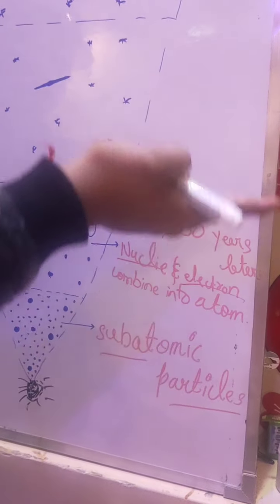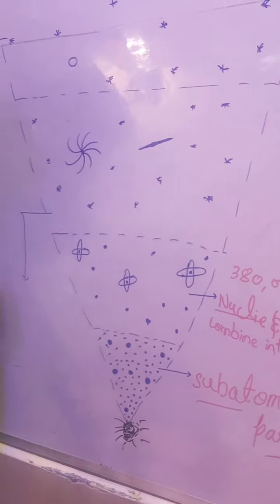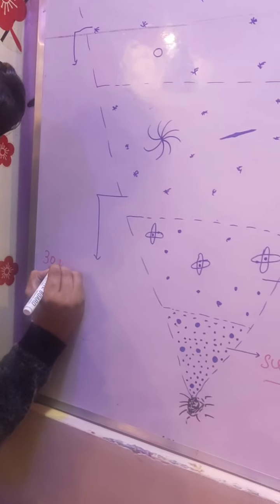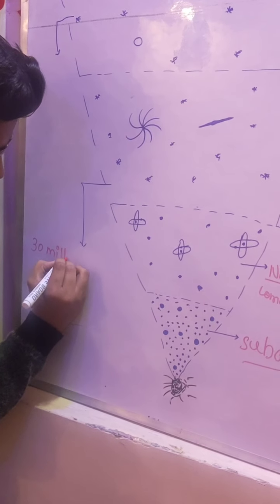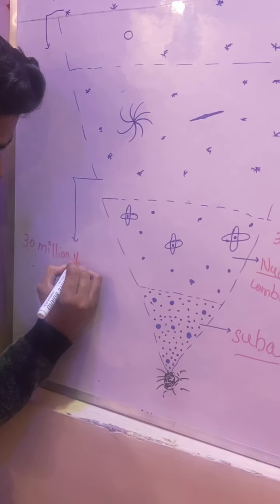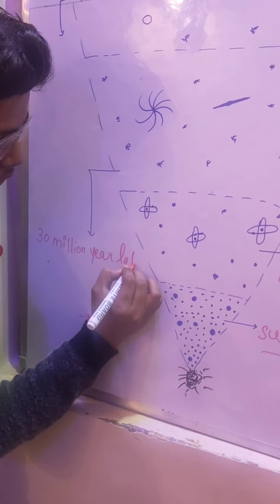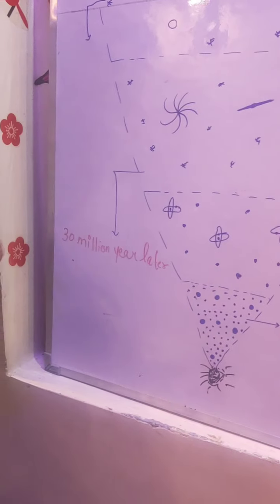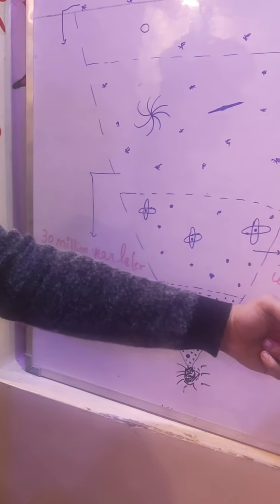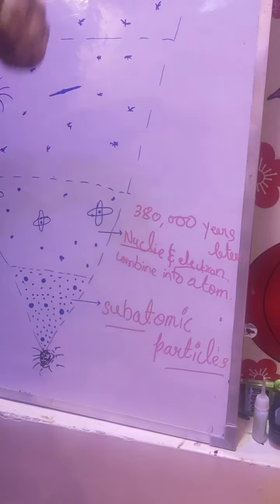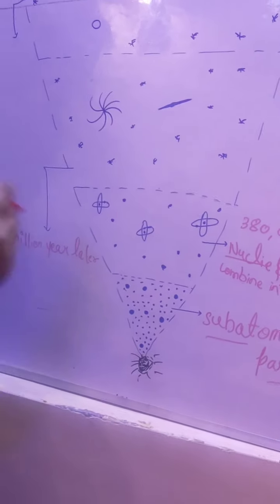Now atoms convert further. After 30 million years, what happens? After 30 million years, atoms start converting into galaxies and stars.